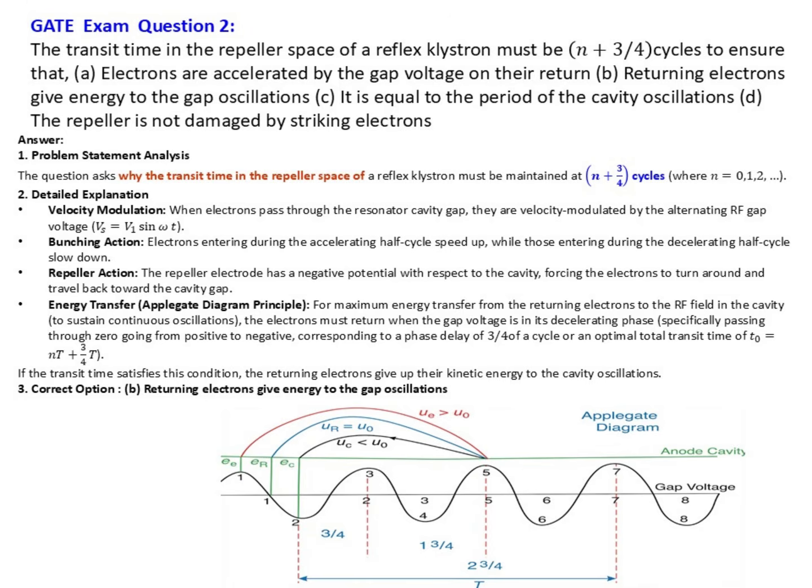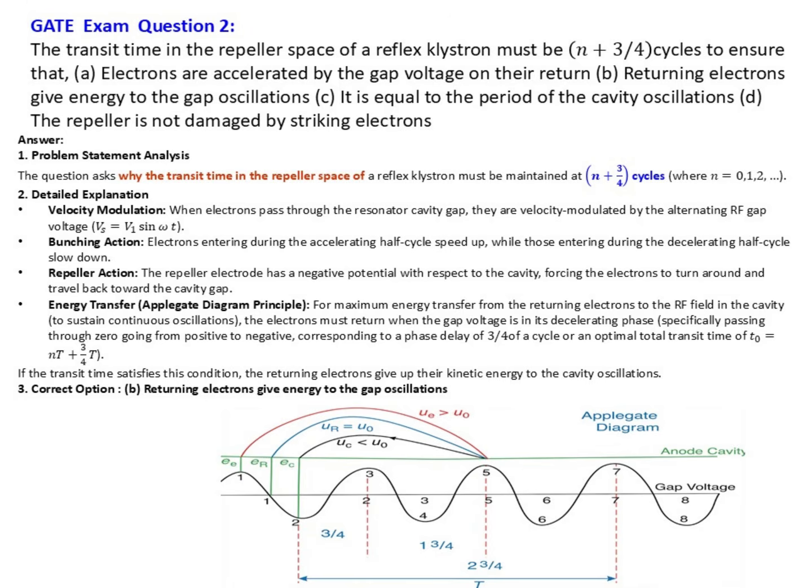Now consider this conceptual GATE question. It asks why the transit time of electrons in the repeller space must satisfy the specified mode condition. The reason is related to energy transfer. First, the cavity produces velocity modulation. Next, the repeller reverses the electrons. During the return journey, electron bunching takes place.